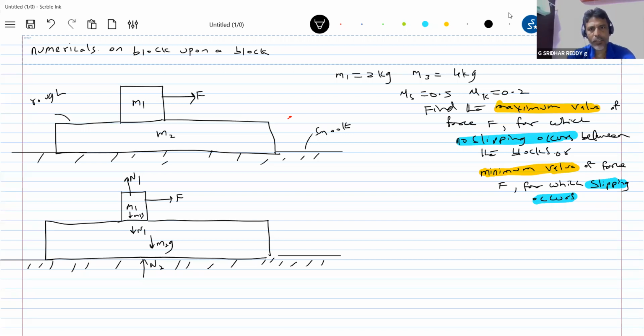Then the frictional force should act on the upper block like this, and on the lower block in this direction, as we assume the condition for no slipping. So both will have the same acceleration. Let's write the equations here. F minus small f equal to m1a.